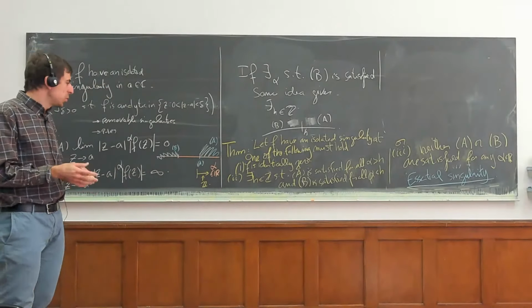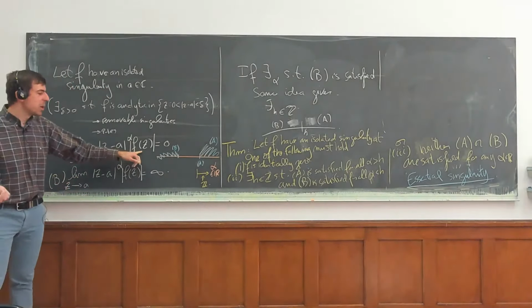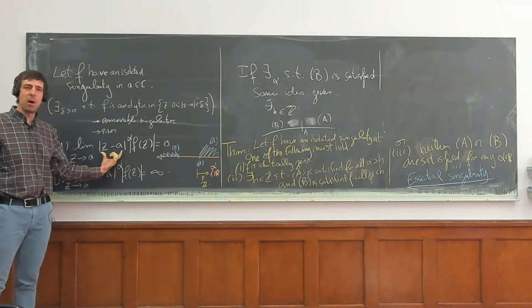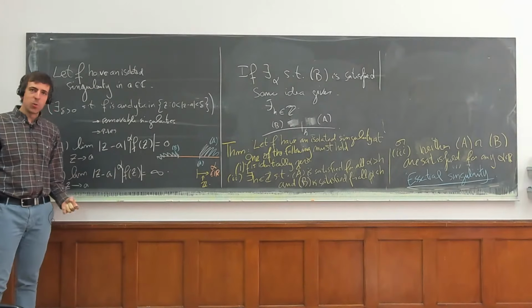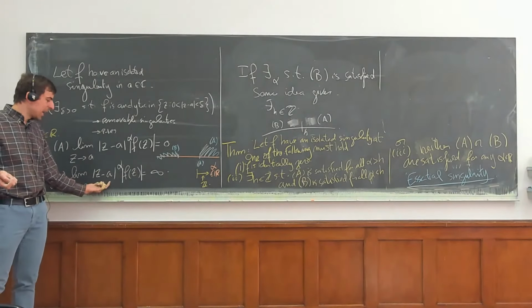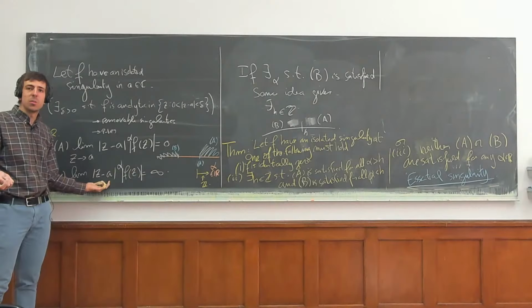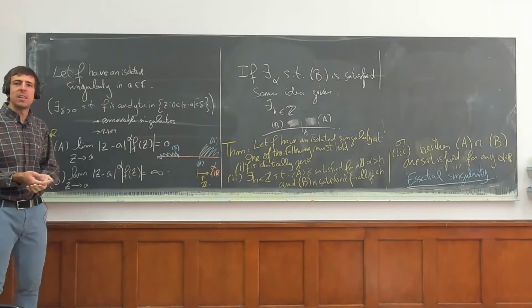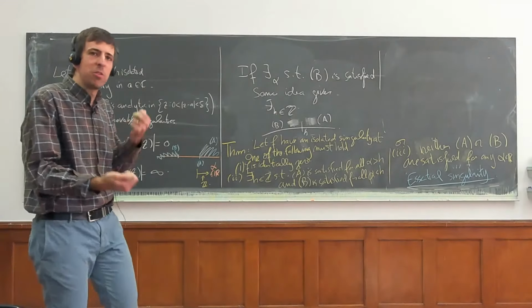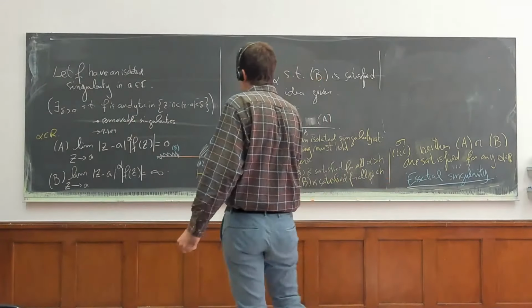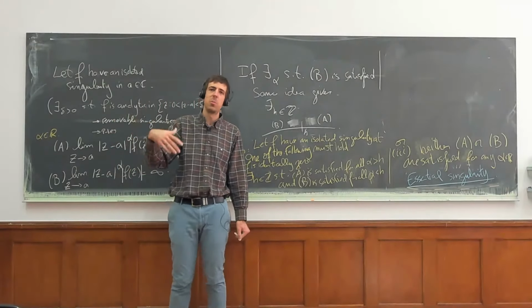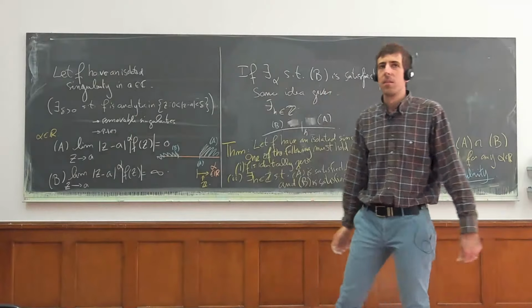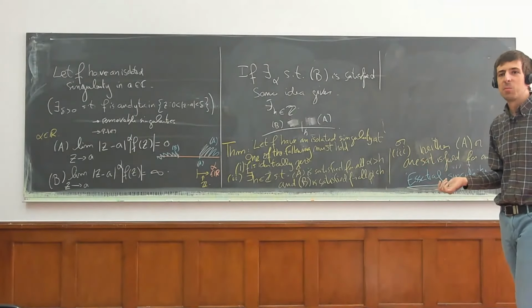So the function is so nasty that I cannot make it go to 0 by hitting it with any amount of z minus a to any power, and I cannot make it go to infinity by hitting it with z minus a to some negative power. So this is a bizarre object that goes to both 0 and infinity so fast that I cannot kill it with any polynomial, one way or the other, to prevent it from going to 0 or prevent it from going to infinity. Okay, this is a nasty, nasty object.